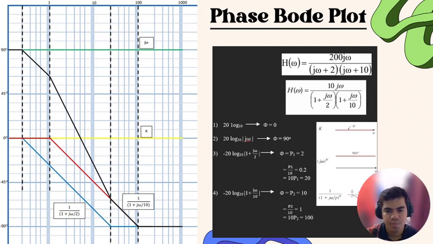And the next step is p1 over 10, which is 0.2, and the next step is 10 p1, which is 20. For number three, we plot the first equation, which is 1 plus jω over 2, starting from 0.2.